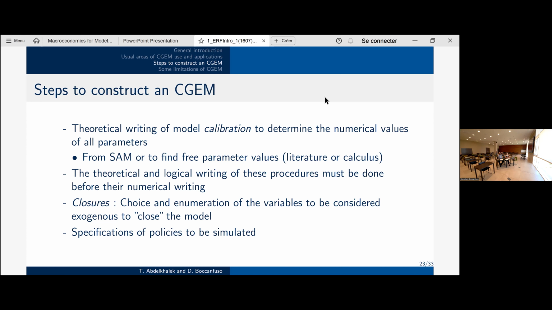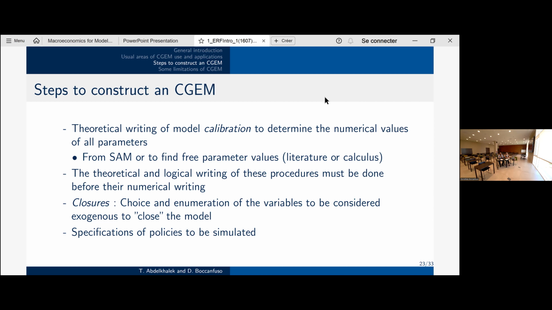So the second parameter must be linked to the first one, the estimation of the first one. The third one must use the other two. We cannot start by giving the value of the third one. So we have a logical procedure to calibrate this. So this is the calibration. If we have time, we can explain more and more.